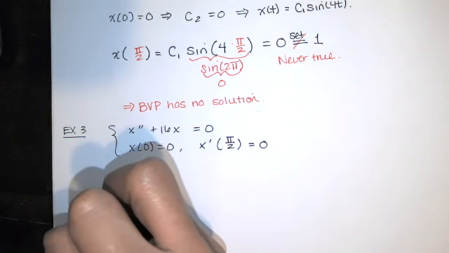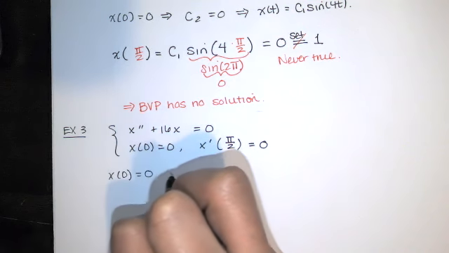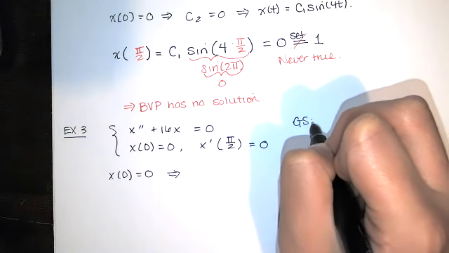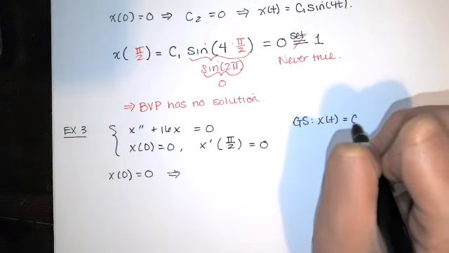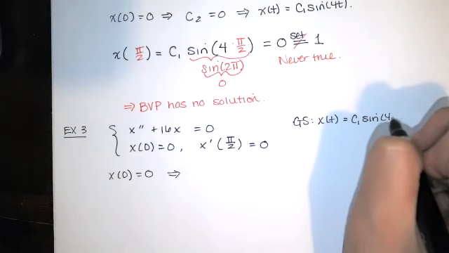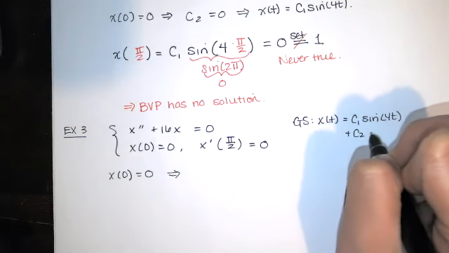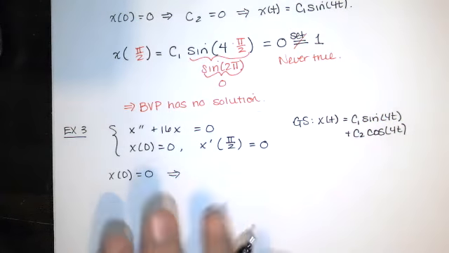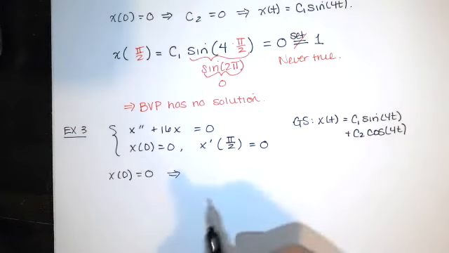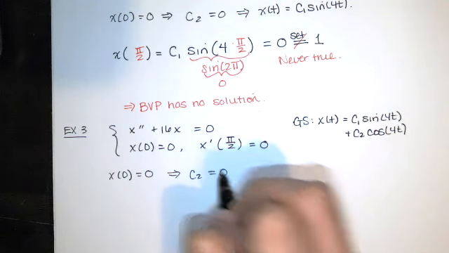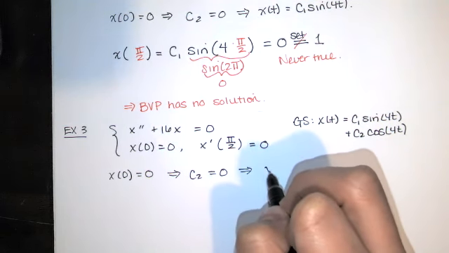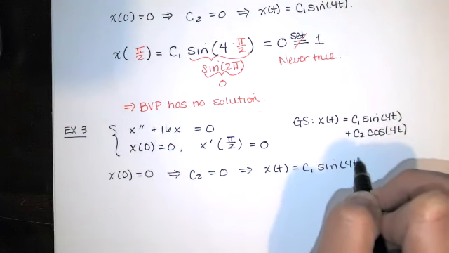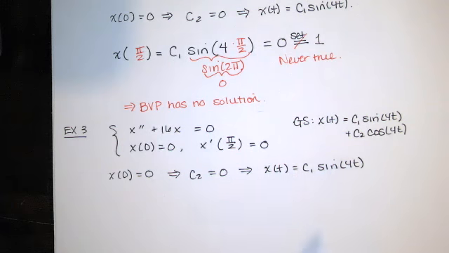Well, the first condition, if we are treating this general solution, x of t, as C1 times sine of 4t plus C2 times cosine of 4t, then x of 0 equals 0 implies that C2 equals 0, and that means that x of t is just some constant times sine of 4t. So we're there already.